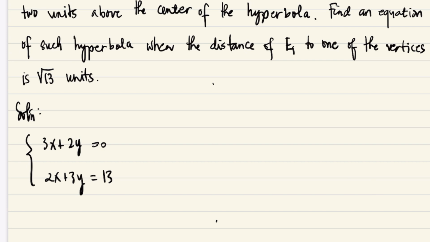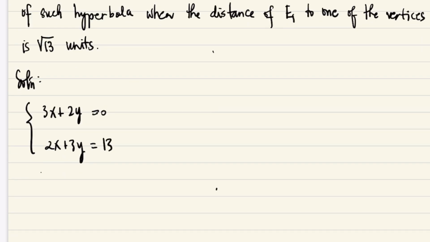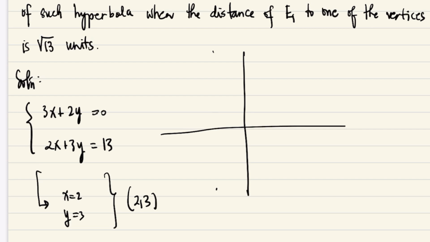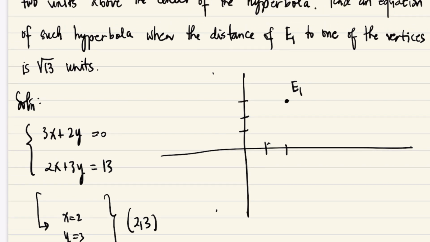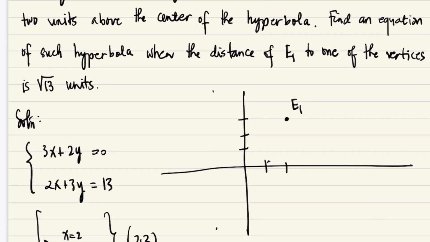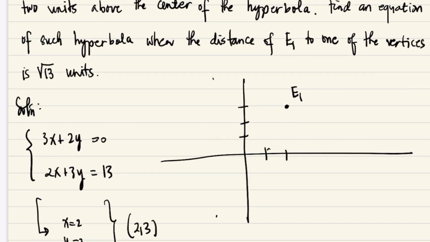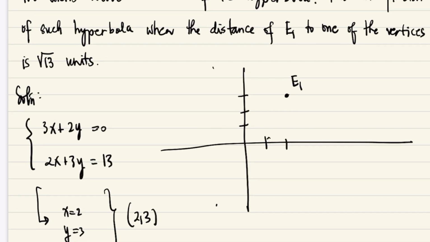And so solving for this one, I would get, okay, I'll leave the algebra to you, x equals 2 and y equals 3. So that means the intersection is (2, 3). So if you have this Cartesian plane here, somewhere in this part is E1, and it says here that this is actually the endpoint of the conjugate axis, and that E1 is 2 units above the center of the hyperbola.